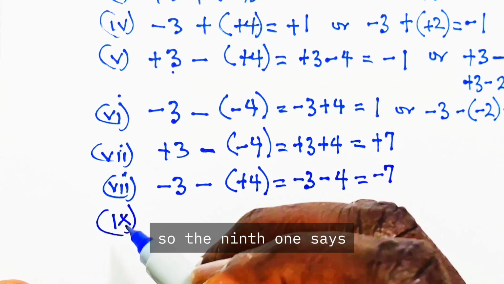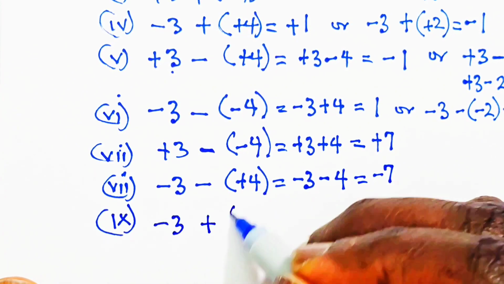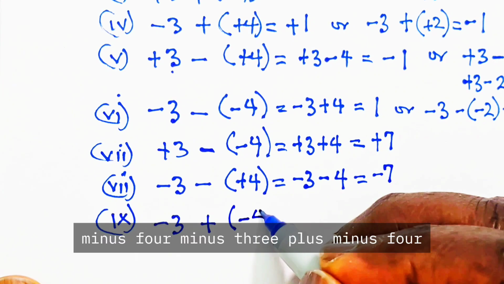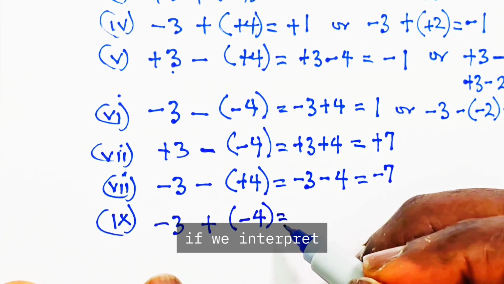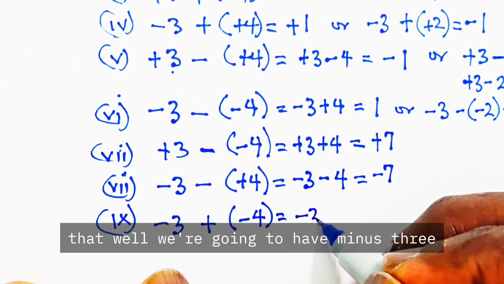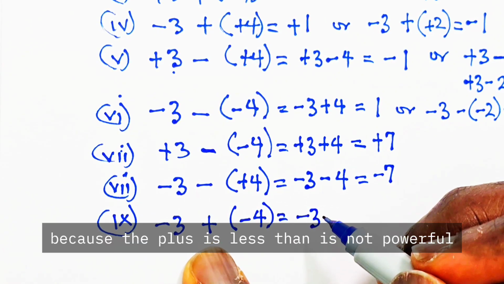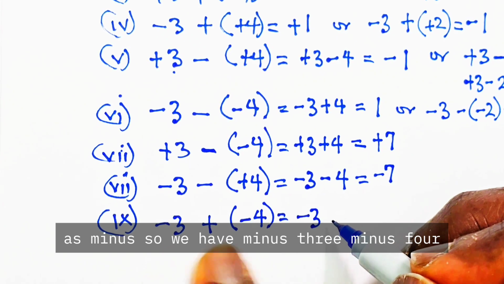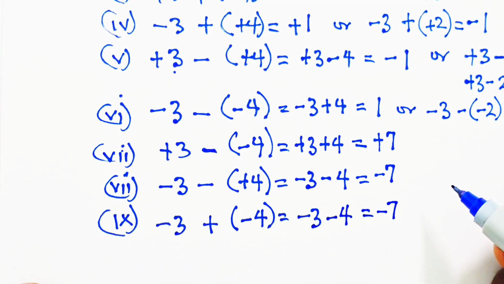So the ninth one says minus 3 plus minus 4. If we interpret that well, we're going to have minus 3, because the plus is not as powerful as minus, so we have minus 3 minus 4 to give us minus 7.